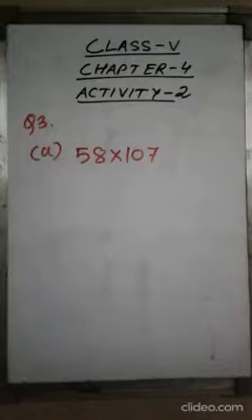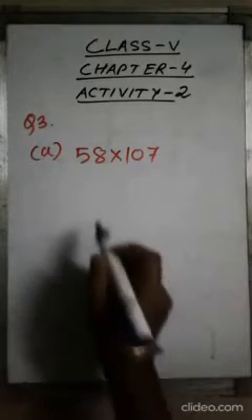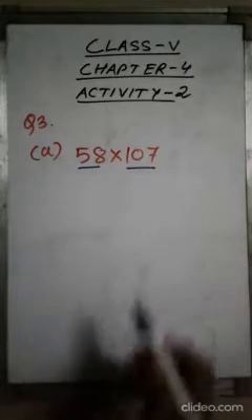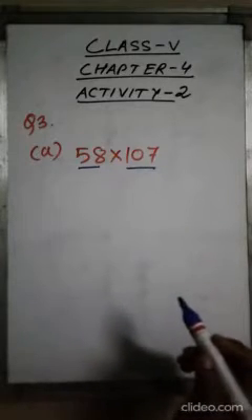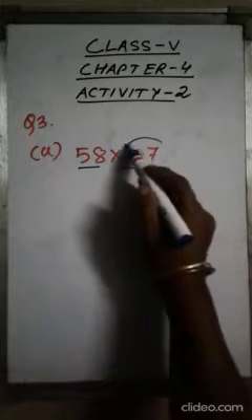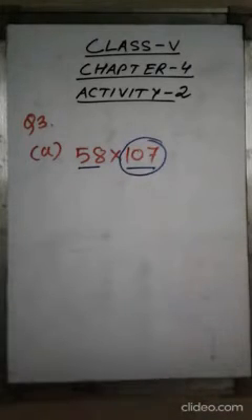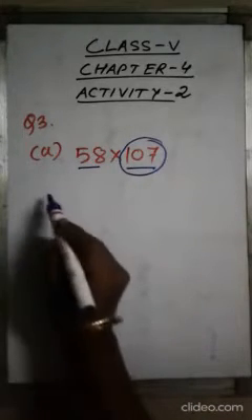Now let us solve some problems from question number 3 of activity 2. You have to multiply the given numbers using distributive property. So the first question is 58 into 107. You have to use distributive property. What was distributive property? You have to expand this number and then multiply.